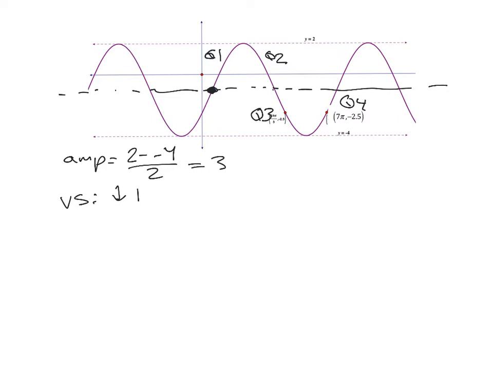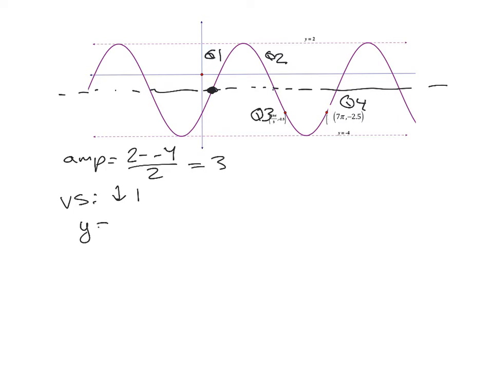Because remember, this graph is just an elongated version, put on a two-dimensional xy axis, of what's happening when you plot the angles and the ratios, thinking of going around that circle. So going through quadrant 1, 2, 3, 4, and then the angles keep on going up, so you're going around the circle again.